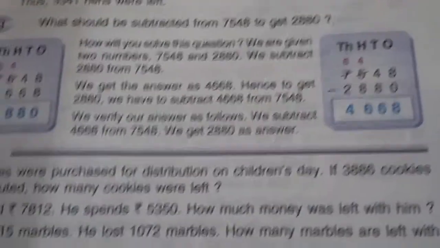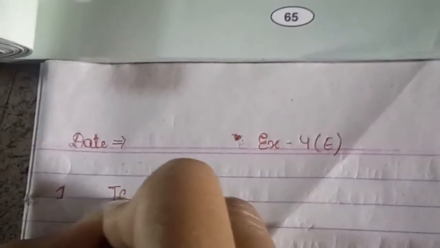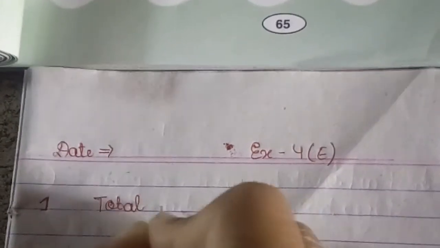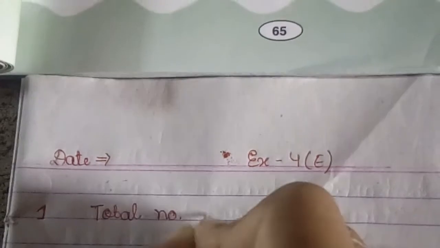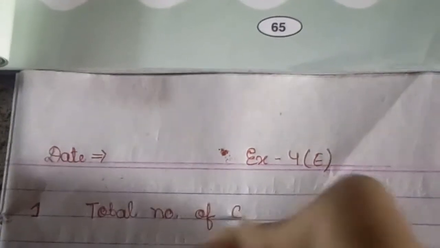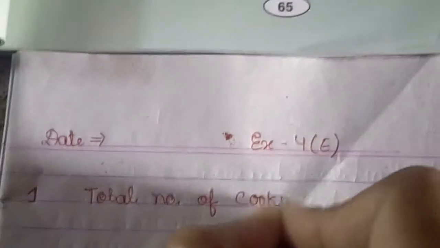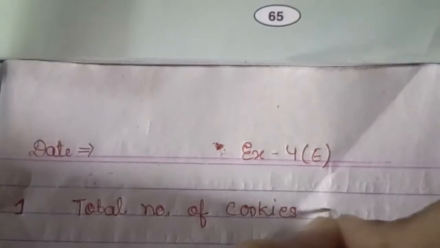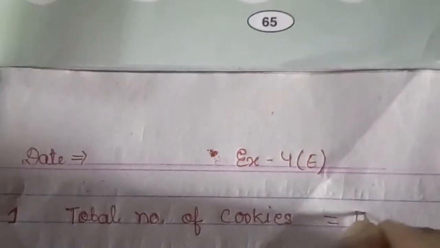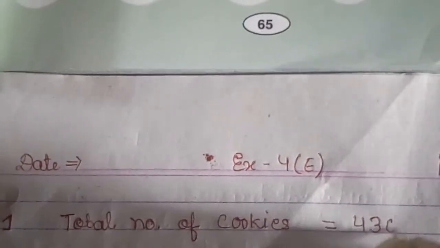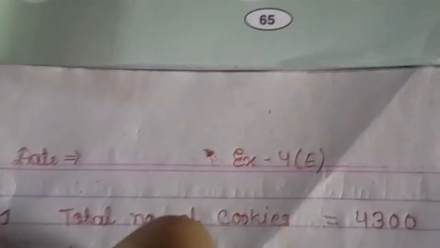So we will write total number of cookies is equal to 4,300.